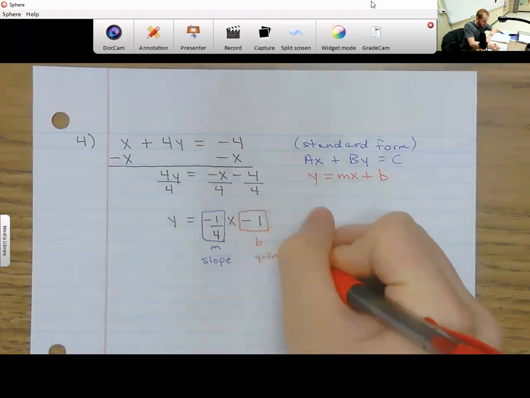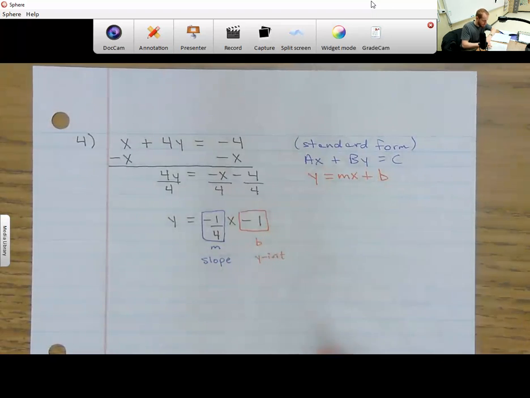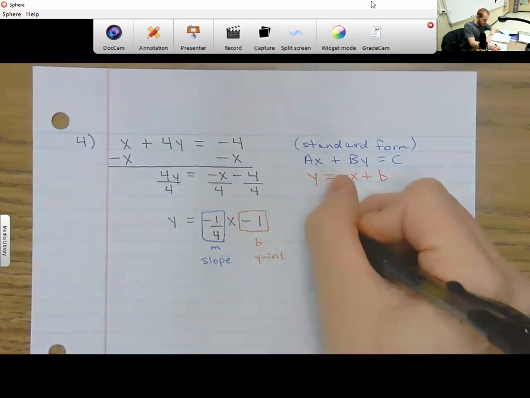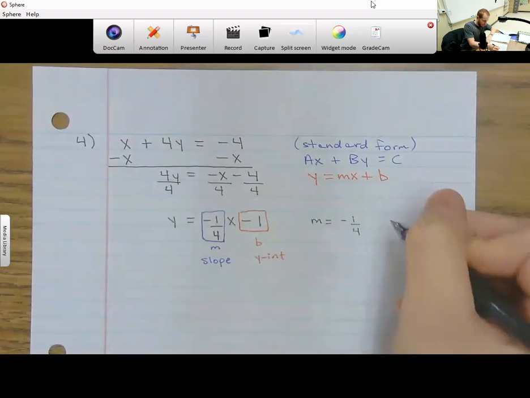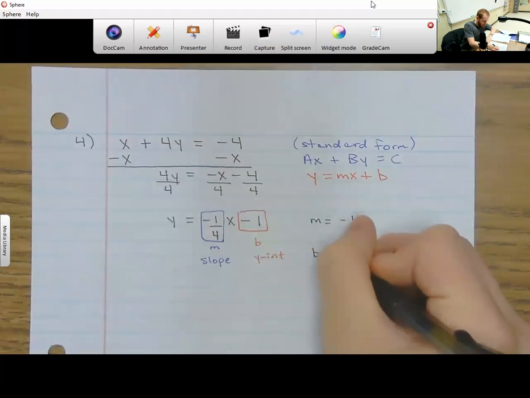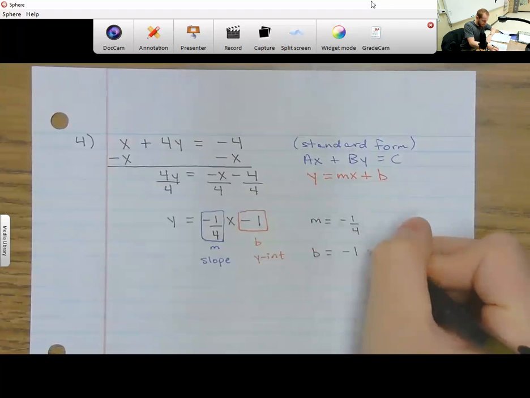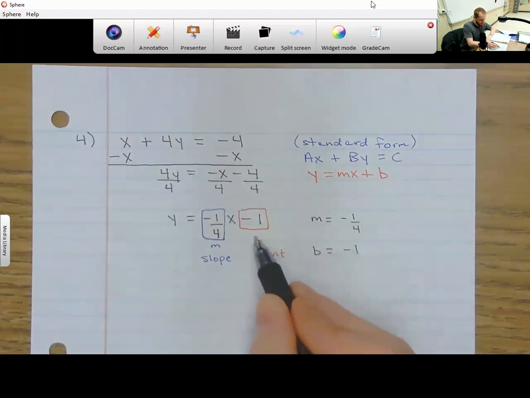I kind of have a sense of why b stands for y-intercept, but the slope, I've never understood that. But basically, your slope is going to be negative 1/4, and your y-intercept is going to be negative 1. It's definitely a negative 1 because you got that minus out in front, right? Okay, so that's slope-intercept form.